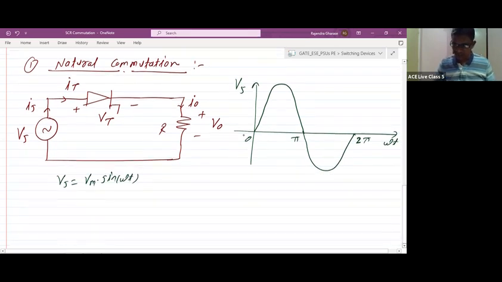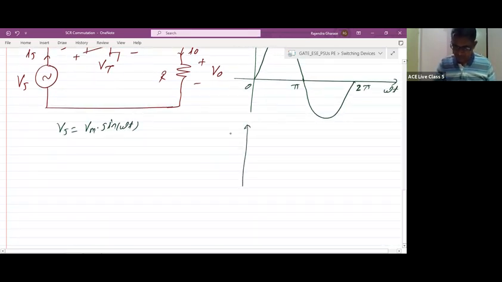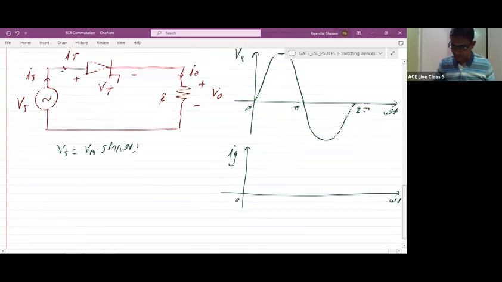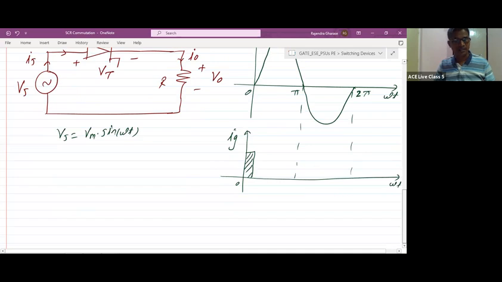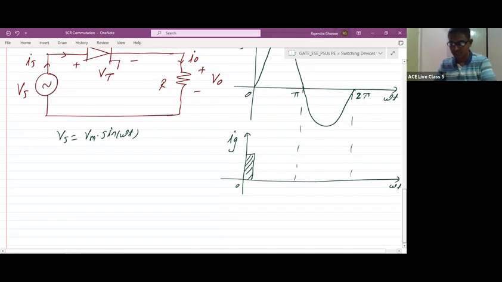Let us consider that at omega t equal to 0, we have applied the gate signal to the SCR, okay. We are not interested in discussing how the SCR turns on by applying the gate signal, but we are interested in how the SCR turns off due to the nature of the supply, okay.